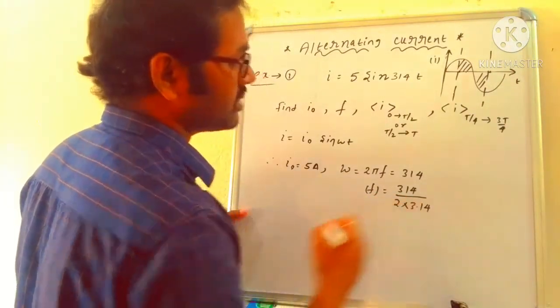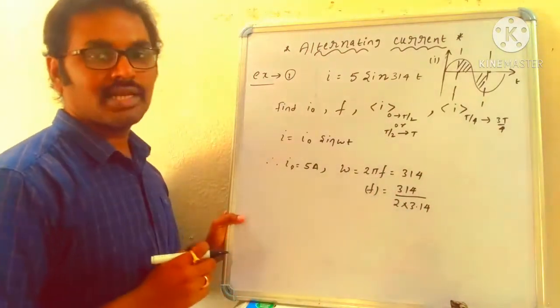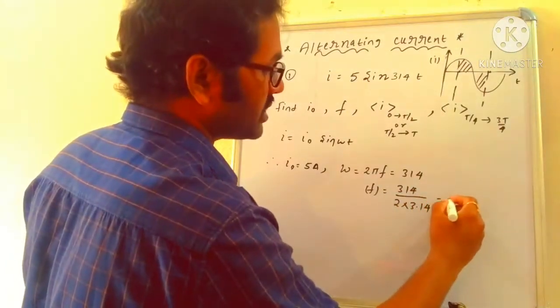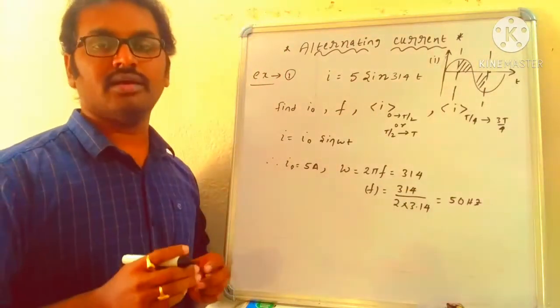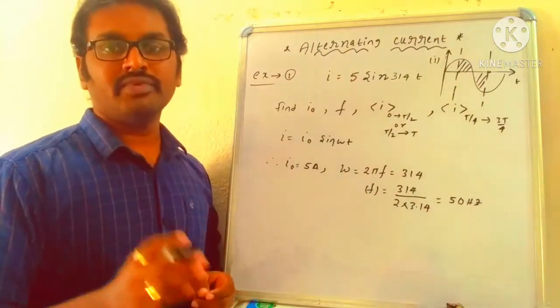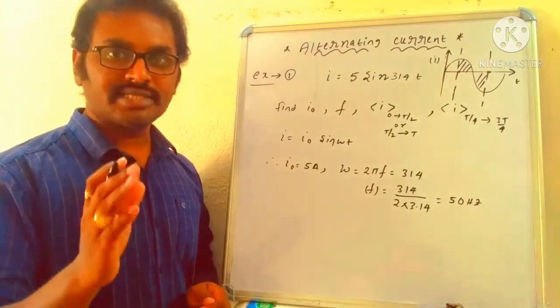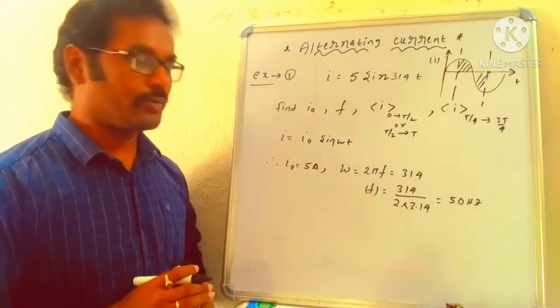You can write it as 3.14, and these two get cancelled, 100 times. 100 by 2 is equal to 50 hertz. In India, the alternating current created by the AC generator is set with a frequency of 50 hertz, which is a standard value.